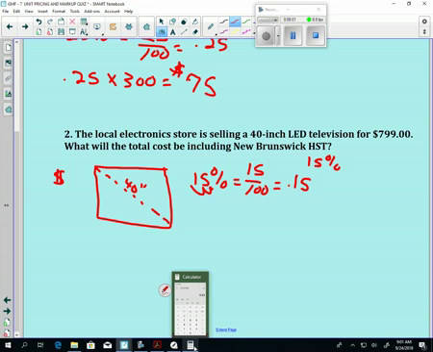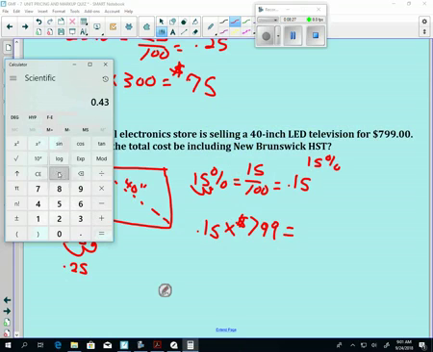If I had a number like 25, there's my decimal at the end. I go 1, 2, it'd be 0.25. So now we take 0.15 times $799.